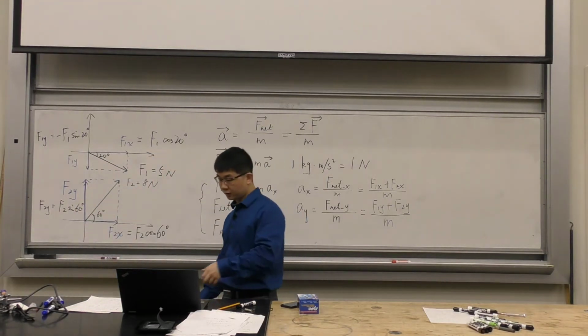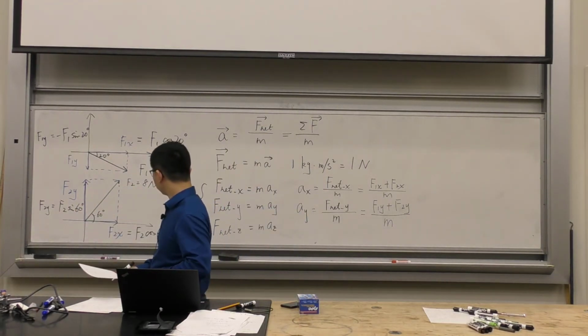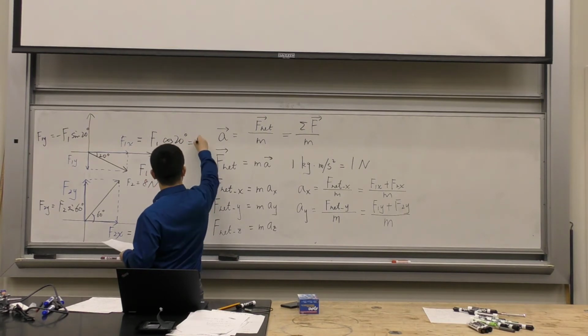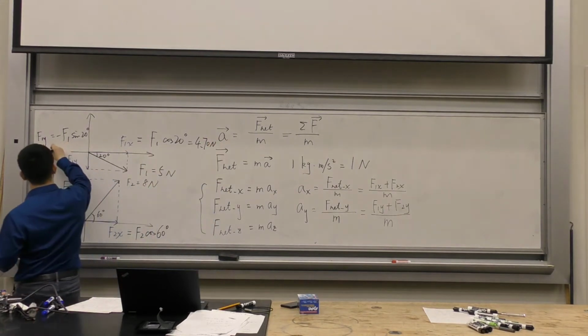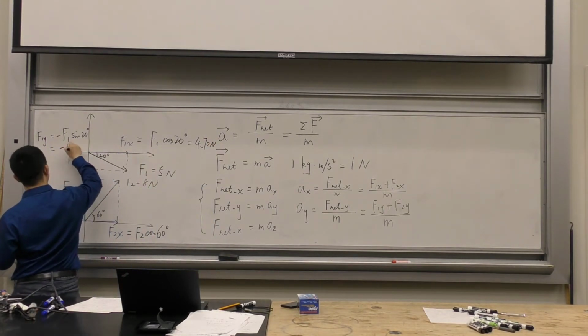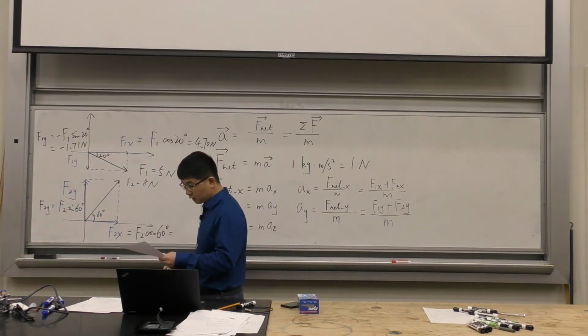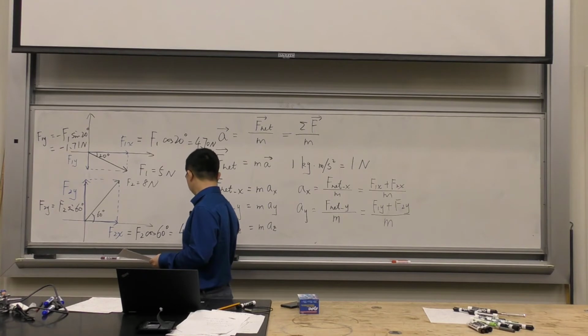Okay, so what are the values? The values I got for this guy, the X component, it's 4.70 newtons. The Y component is negative 1.71 newtons. What about this guy? This guy got 4 newtons.